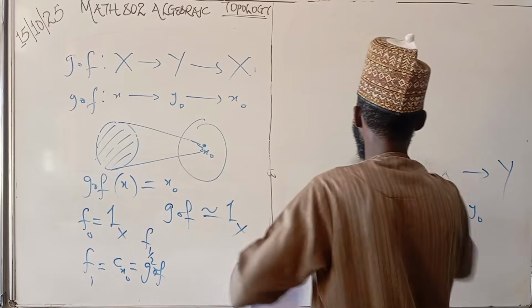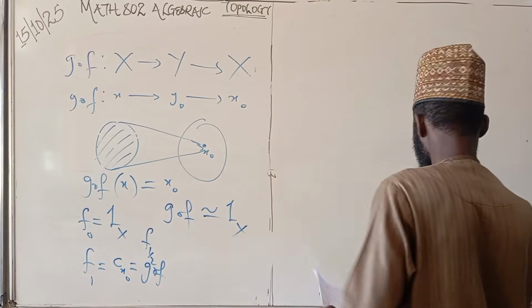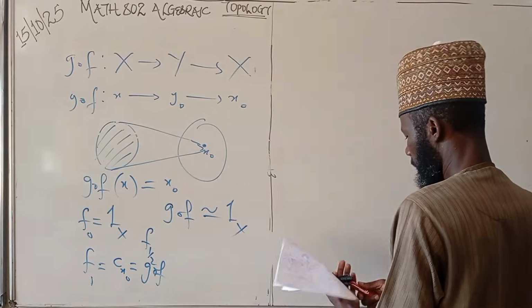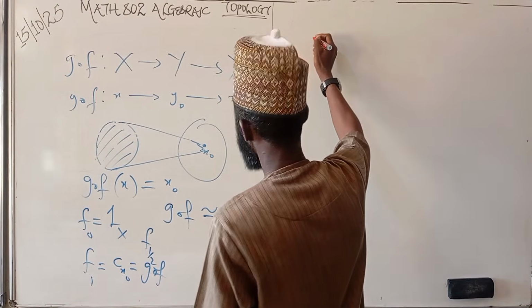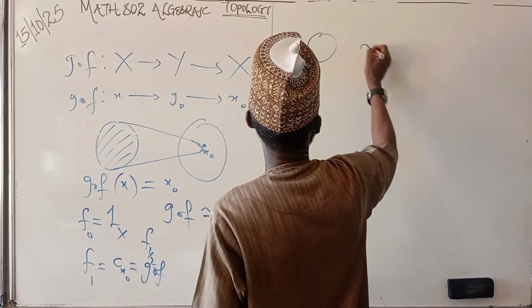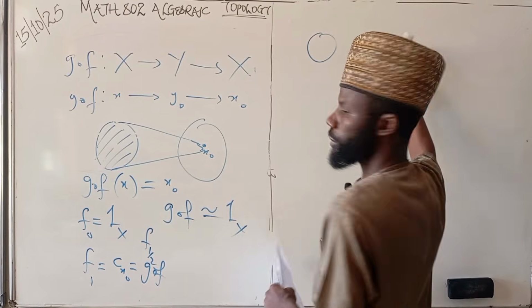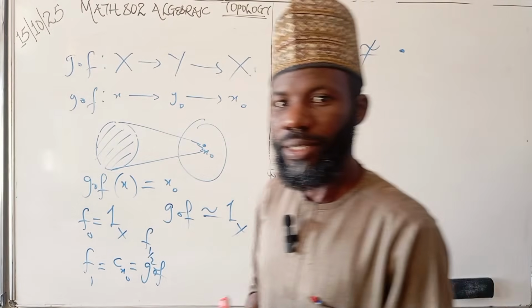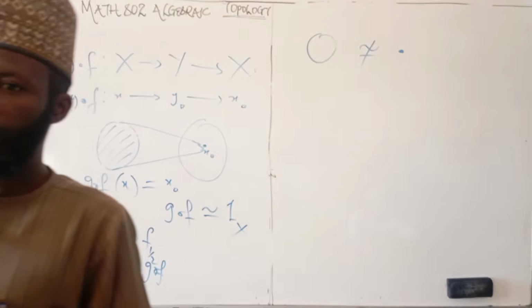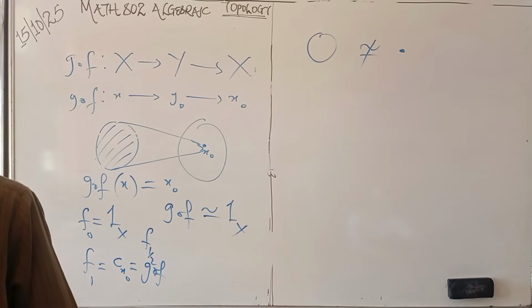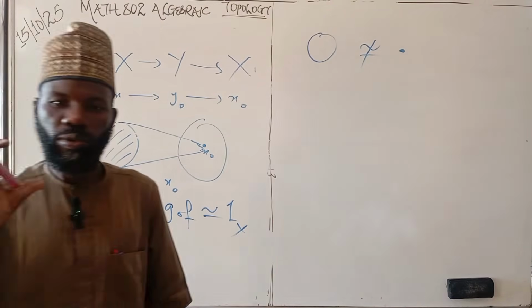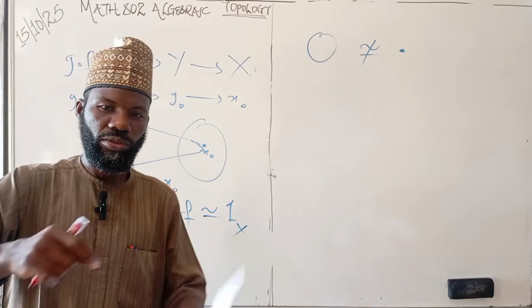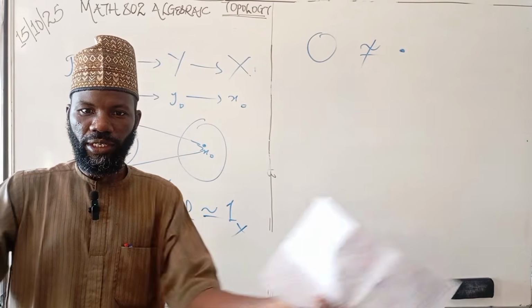But the cycle, you can check easily also, is not homotopic to the point. You cannot shrink down a cycle to a point. If you must do it, you must break the cycle open and then shrink it.